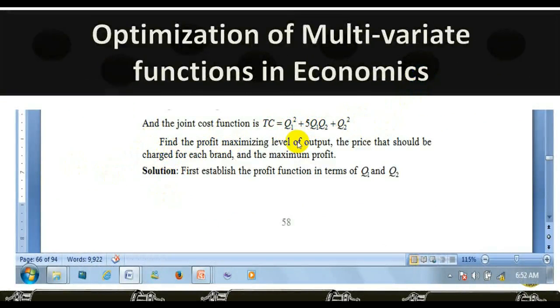Find the profit maximizing level of output, the price that should be charged for each brand, and the maximum profit.